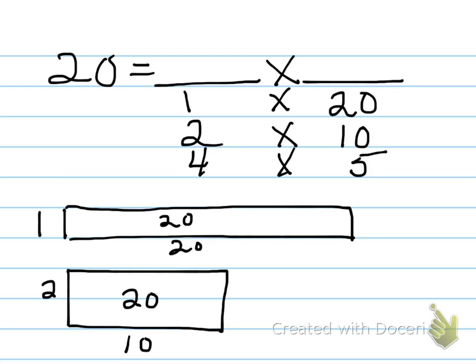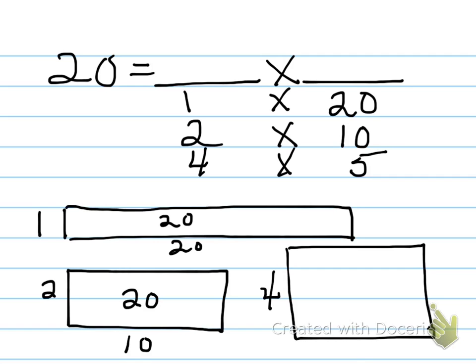Good job. My third box, because I have a third factor pair, will look something like this. 4 times 5 equals 20. So the factor pairs of 20 are 1 times 20, 2 times 10, and 4 times 5. The factors of 20 from smallest to largest are 1, 2, 4, 5, 10, and 20.